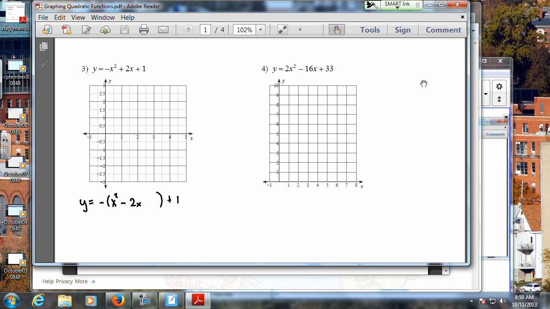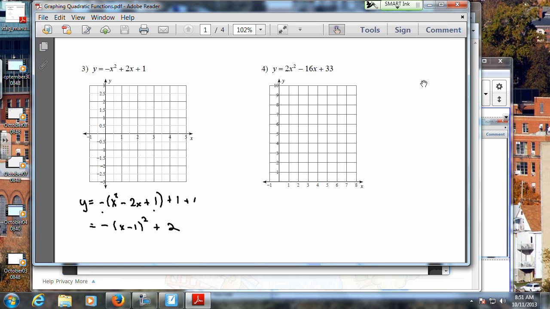But now inside the parentheses, x squared minus 2x, I could make that a perfect square trinomial with plus 1. The overall effect is minus 1 when I put that 1 in parentheses, so I'll balance that minus 1 with a plus 1. And that makes the equation equivalent to the one I started with in a slightly different form, minus x minus 1 squared, that's x squared minus 2x plus 1, plus 2.